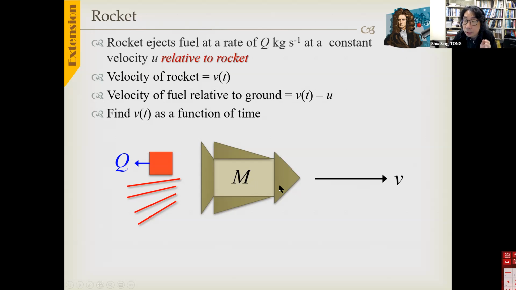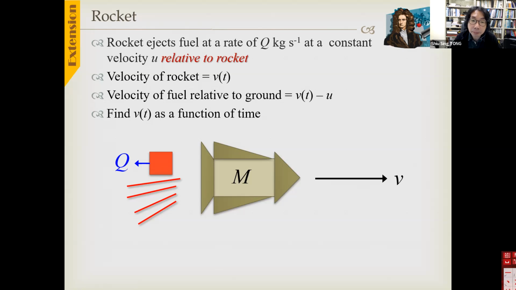So the rocket is not an inertial observer. But we have to go back to an inertial observer. So we rely on the observer on the ground. And we should measure every physical quantity relative to the observer at rest on the ground. So that's why we convert the velocity of the fuel to the velocity relative to the ground.